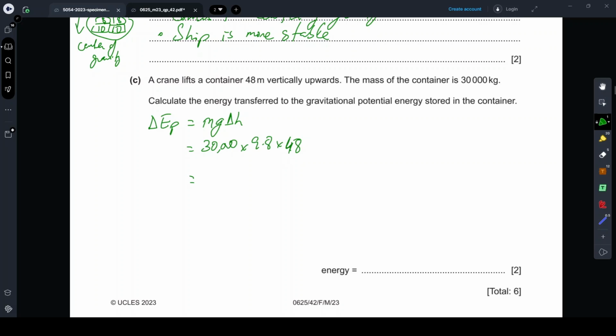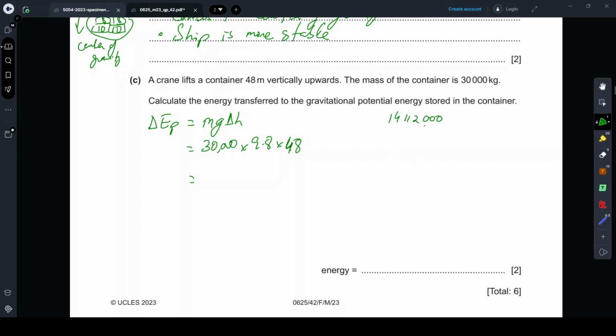Wait, let me just take a look at this. 14112. It's a big number, so it's 14,112,000.